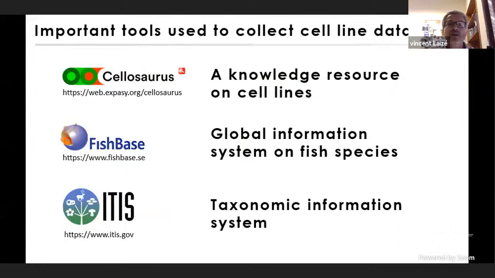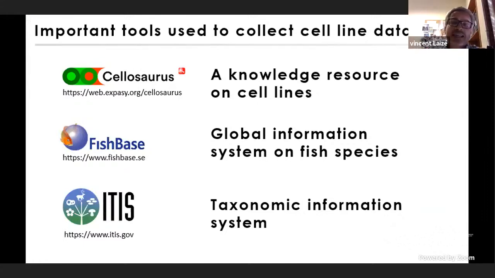But before talking about fish cell culture, I would like to mention the free online resources that I have been using to collect data on fish cell lines. The first one is the Cellosaurus. It's a knowledge resource on cell lines, available from the Swiss Institute of Bioinformatics.